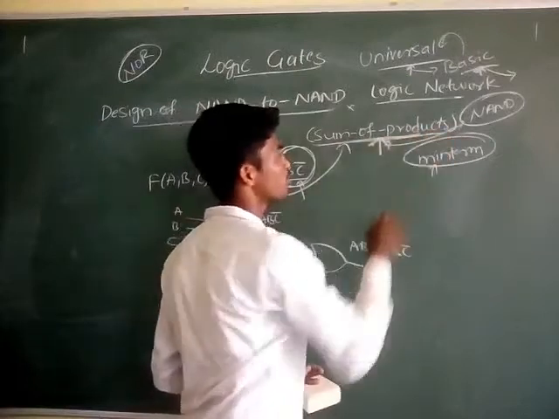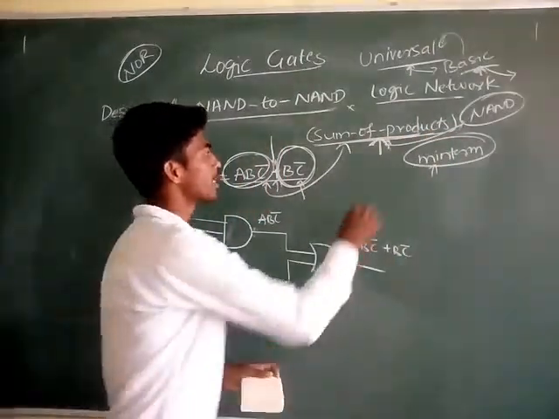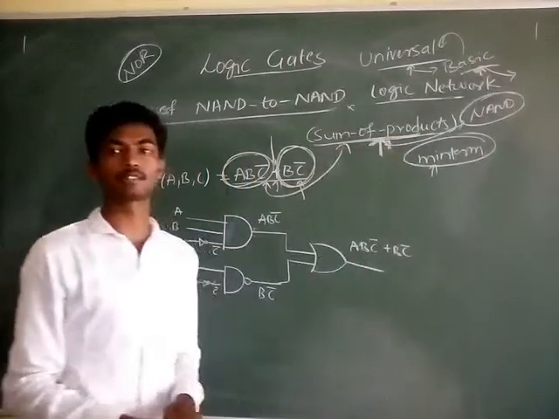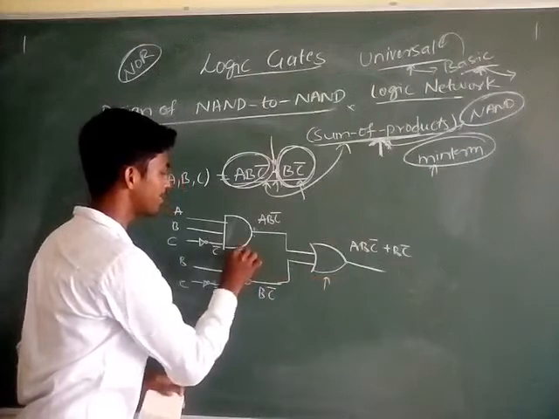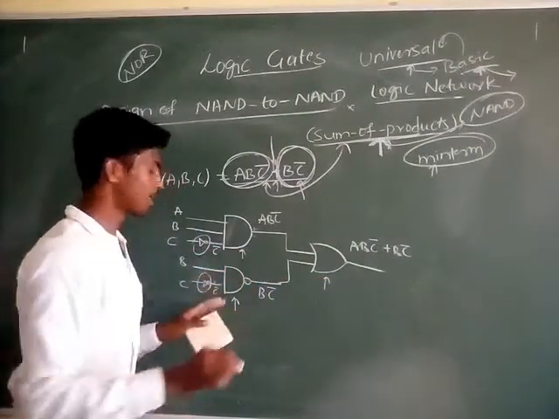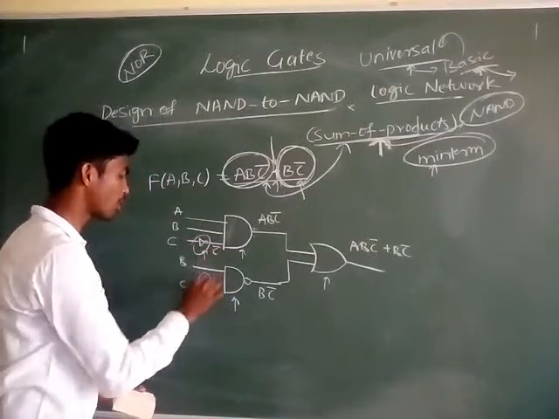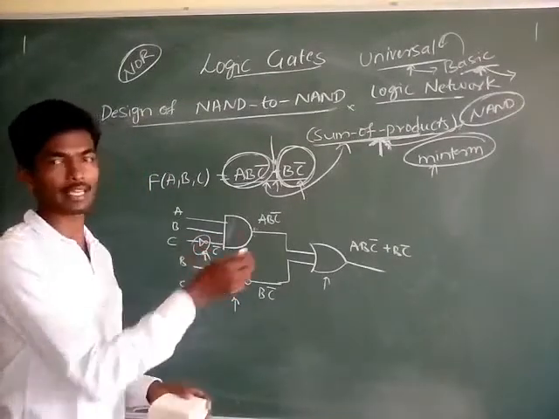So we have to call this sum of products. When we have the expression in the form of sum of products, we can replace every gate except the NOT one, or else you can replace this NOT also, or else as it is you can keep C complement directly.